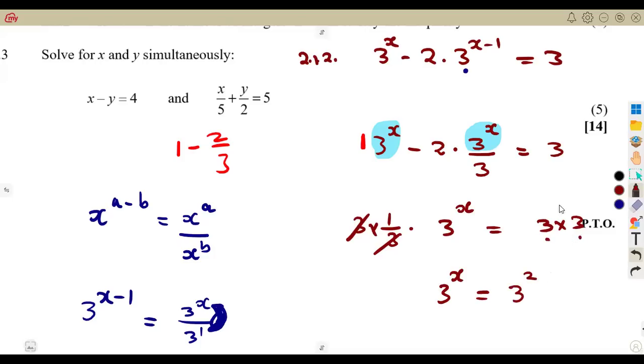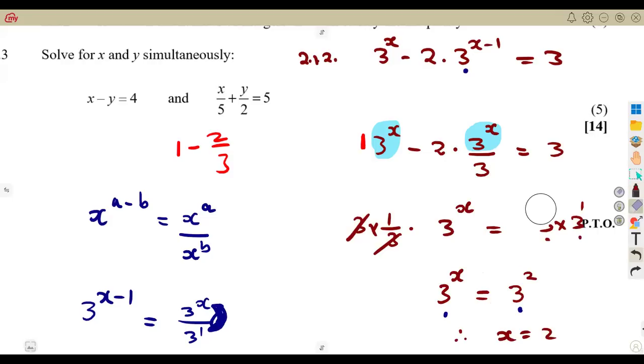We are multiplying the bases which are the same, just add the exponents. We know that if the bases are the same, whether it's base 3, base 2, or whatever base, the exponents will be equal. So therefore, x is equal to 2.